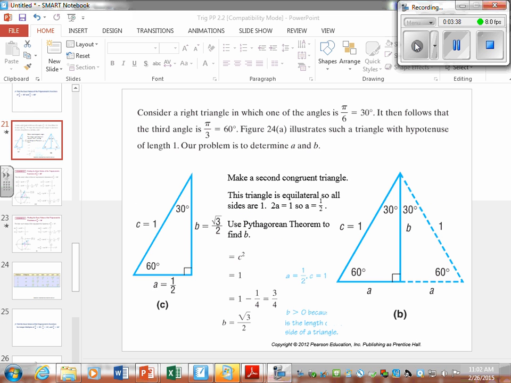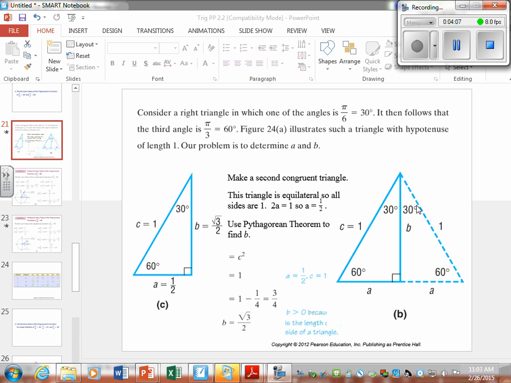Just like with 45, I told you where things come from. You won't have to memorize these, but when I tell you that this triangle has the sides 1, square root of 3 over 2, 1/2, I want you to feel comfortable knowing where it came from. Take this 30, 60, 90 triangle. I know this is 90 degrees, and all of a triangle is 180.